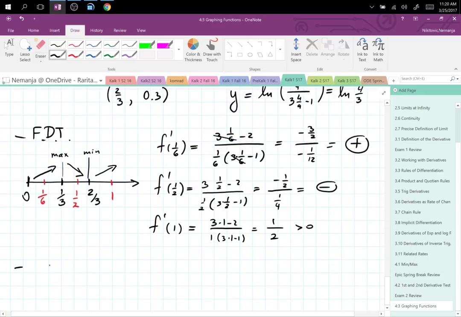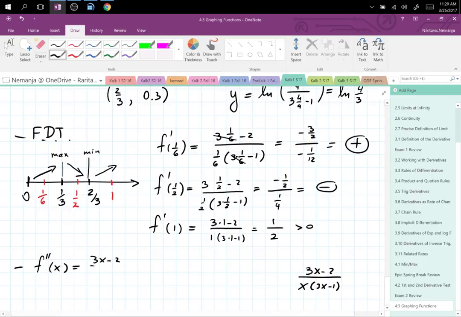All right, second derivative, f double prime of x. What was the first derivative? It was (3x minus 2) divided by x, times (3x minus 1), right? Oh, logarithmic differentiation, that's what it's for.